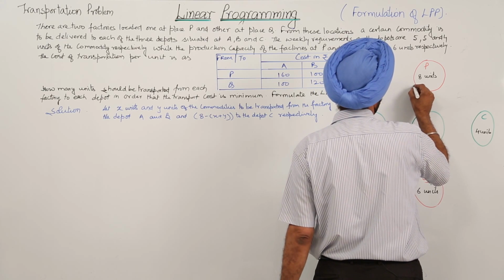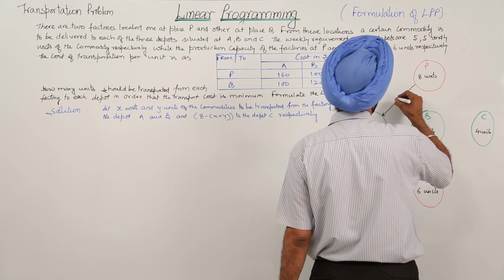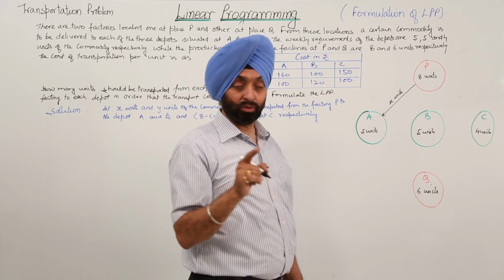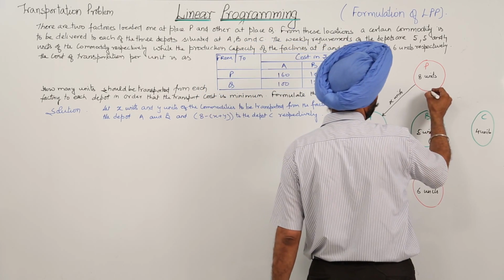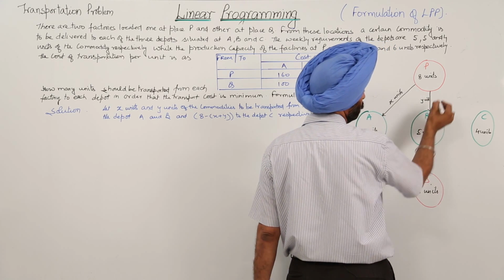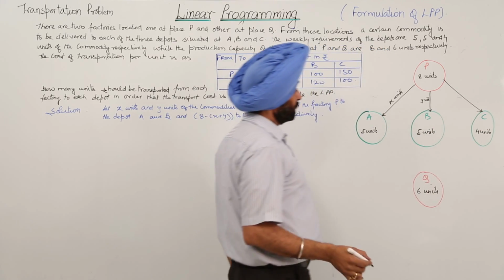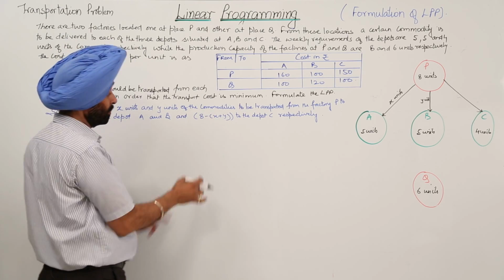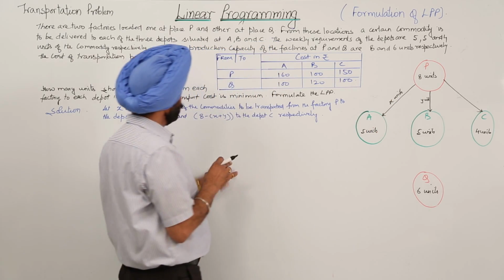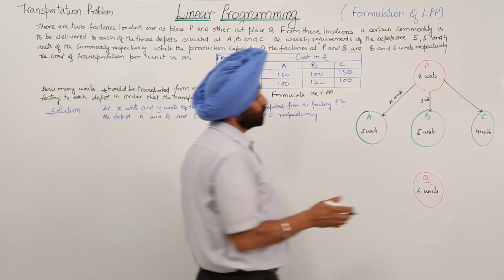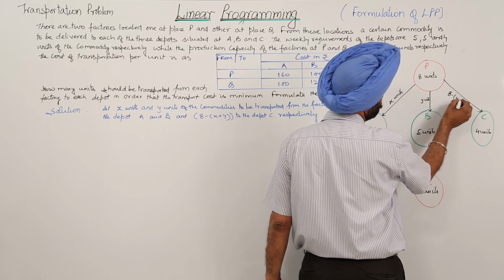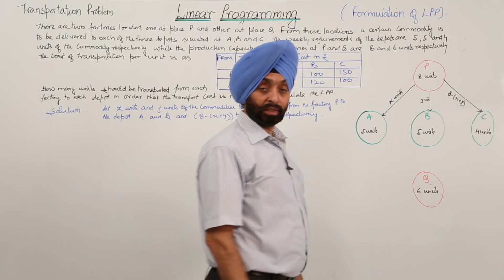Now from P, out of 8, X units have been given to A and Y units to B. This is what I have written: 8 minus (X plus Y), because X plus Y is already given to A and B, and from 8 we are left with 8 minus (X plus Y) for C. Is it clear?